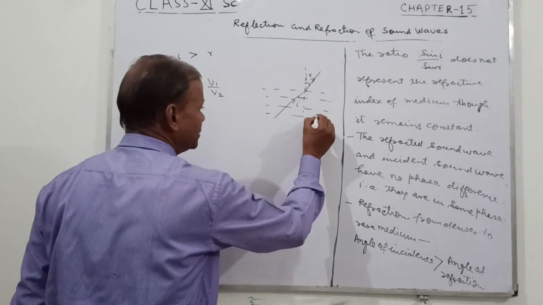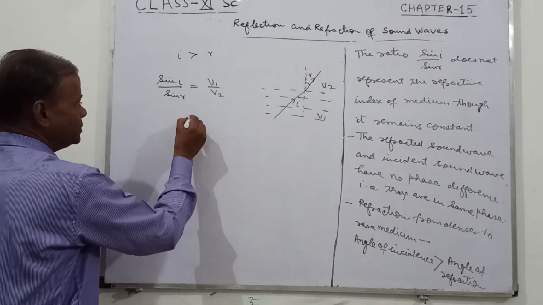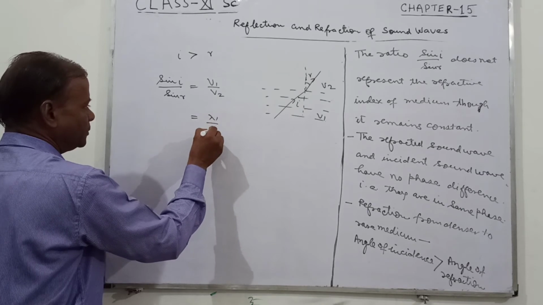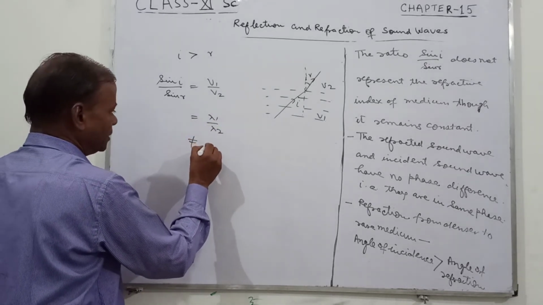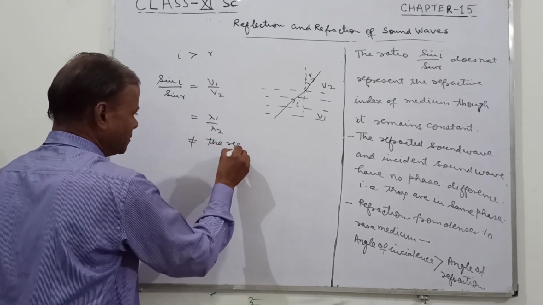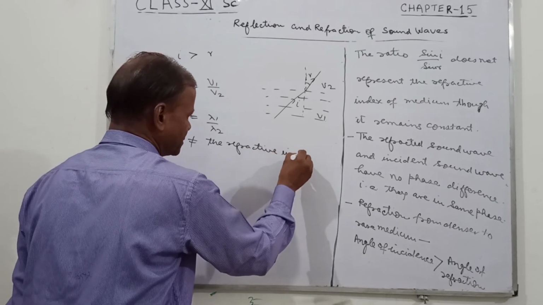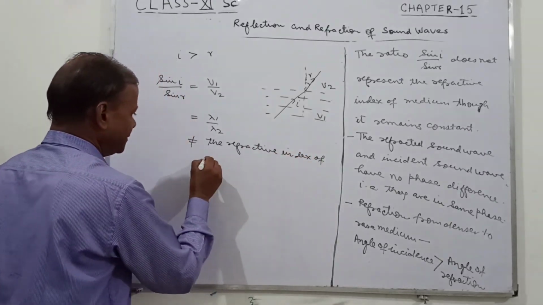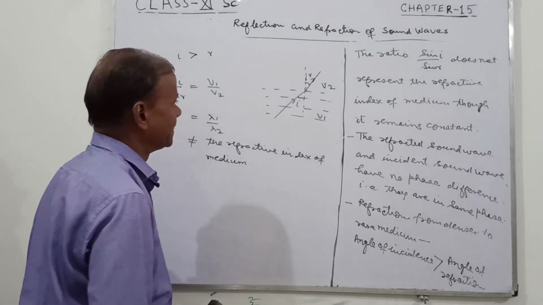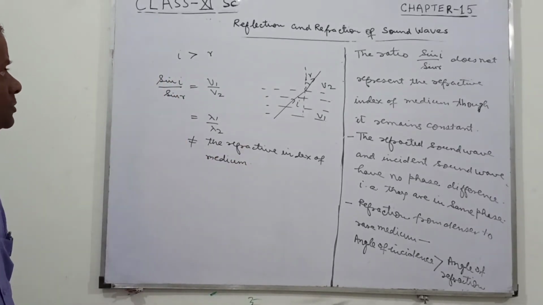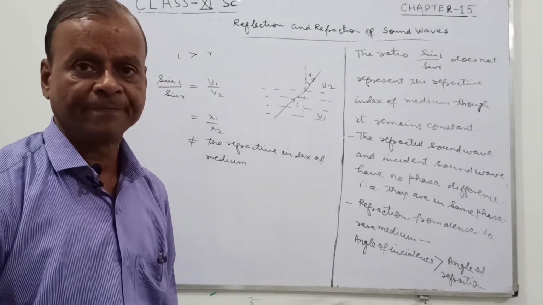So here the speed is v1, this is now v2, and this is equal to lambda 1 upon lambda 2, and even this is not equal to the refractive index of medium. So this is what we have about the reflection and the refraction of the sound waves.